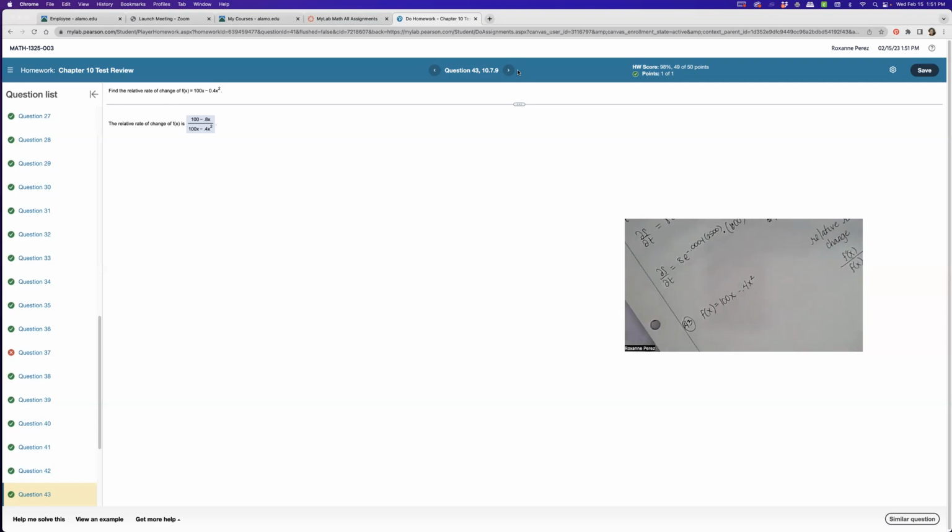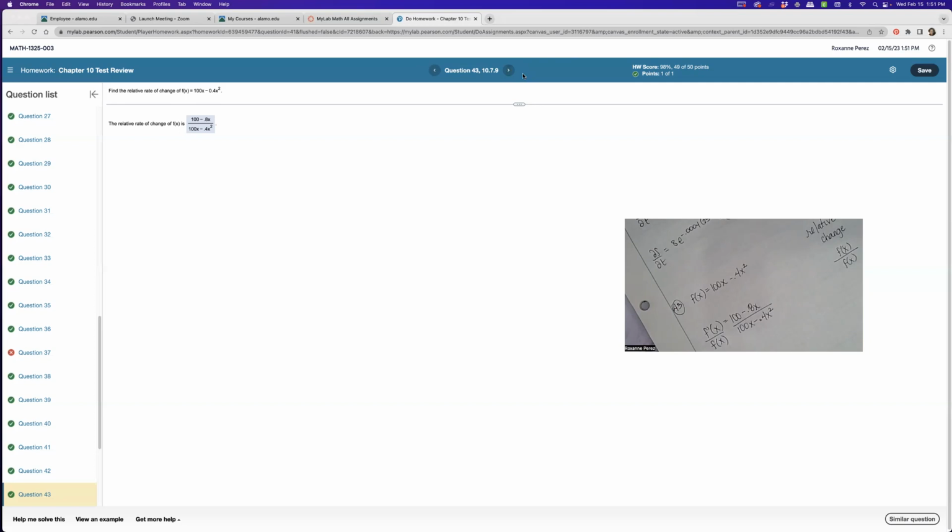We find our first derivative, and then divide by our original function f of x. So f prime of x equals 100 minus 0.8x, and then we divide by f of x, 100x minus 0.4x squared. And that's it, guys. This is your function for the relative rate of change for f of x.